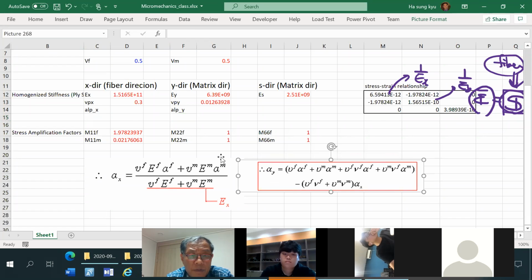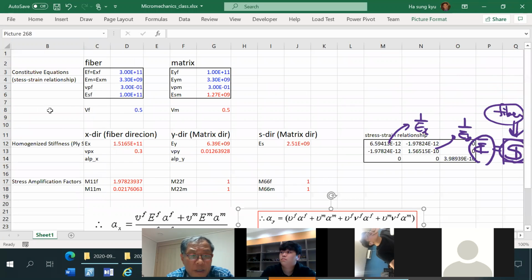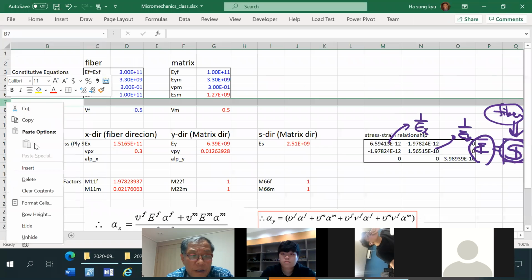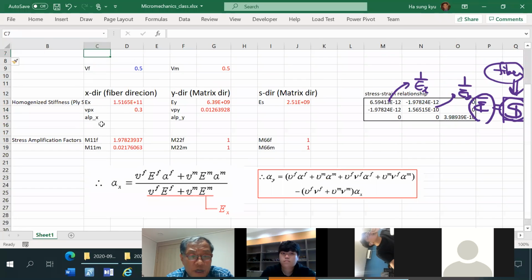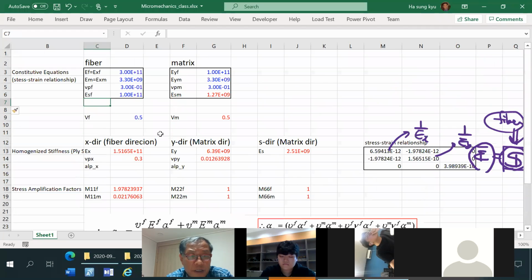And for that purpose, we need to have, of course, the CTE in fiber directions and the CTE in the matrix direction. In fiber direction, the CTE could differ in X direction and Y direction, but in this case, we assume it to be the same.